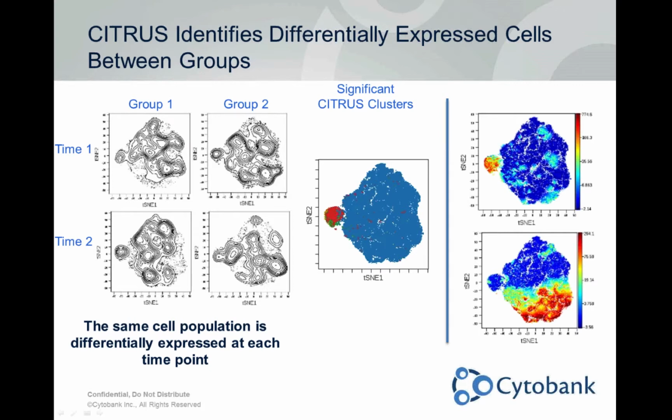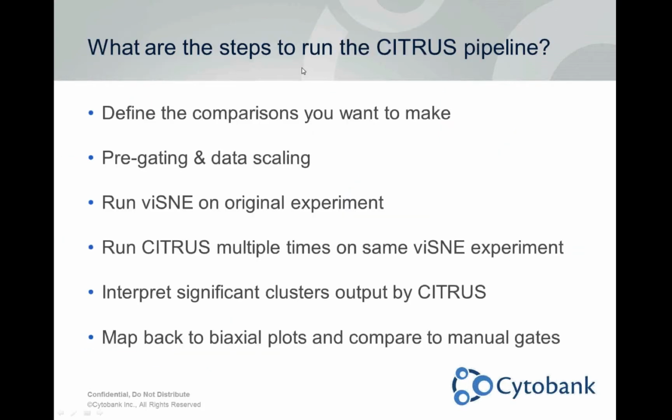So what are the steps to running this pipeline in Citrus? First, you need to define the comparisons you want to make. You have to think about what data you have and how you want to compare it. Next is pre-gating and data scaling, making sure that the data looks good. Next, run viSNE on that original experiment that you've curated a little bit. After that, run Citrus multiple times on that same viSNE parent experiment.